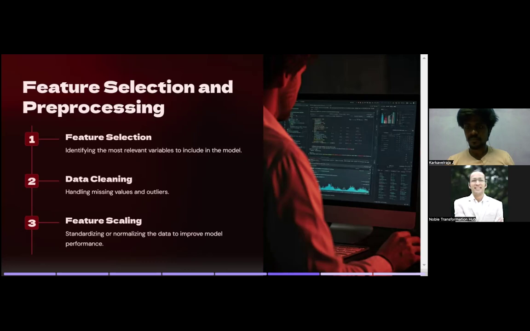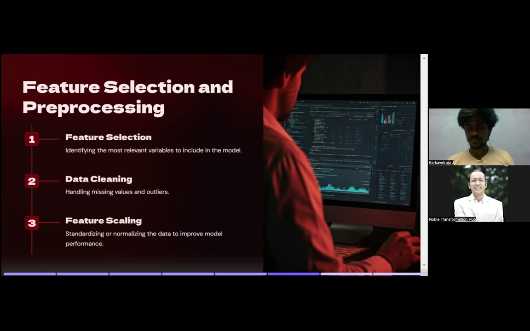So you standardize and normalize data so that the performance of the model improves, and whatever objective function you have, it will give the best outcome. If you see, we are doing all those things in real life, but we are not aware, and we don't know whether it is called feature scaling or data cleaning or feature selection, right?